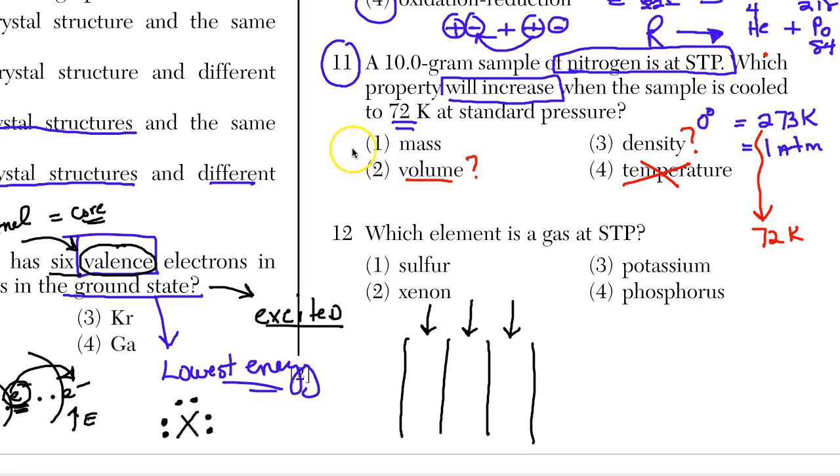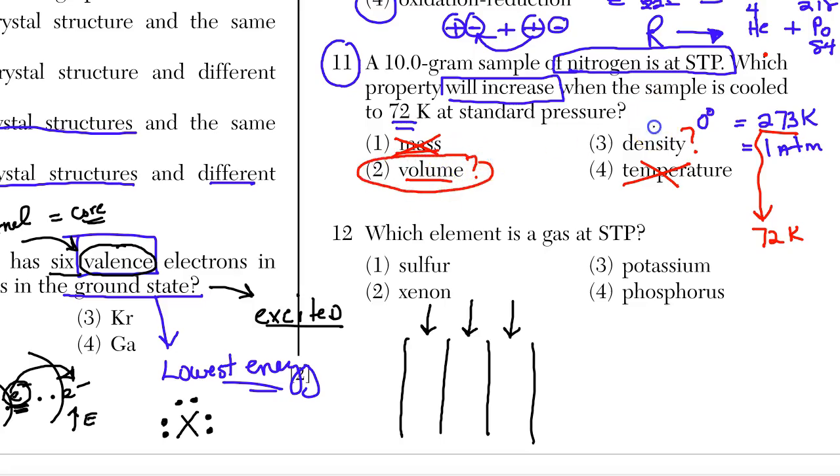Well, we do know we can get rid of probably mass. Cooling something will never make it lose its mass. The only time we can think of mass being lost in a temperature change is possibly a liquid going to a gas in evaporation. But here, just cooling the sample, if we already have 10 grams of it at 273, will not change the mass.